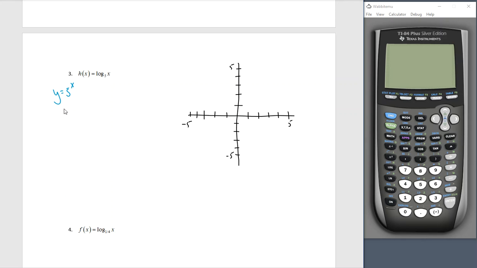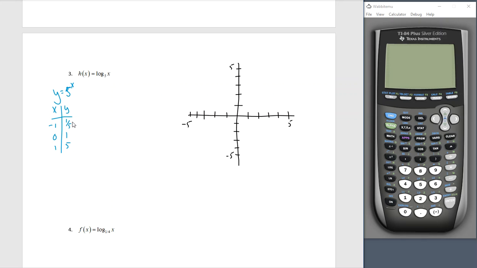Y equals 5 to the x. That's a 5. Make sure it has a nice formal cap there. -1, 0, and 1. 5 to the -1 is 1/5. 5 to the 0 power is 1. I'm still just evaluating. 5 to the first power is 5.